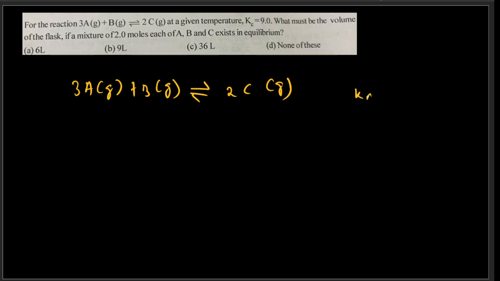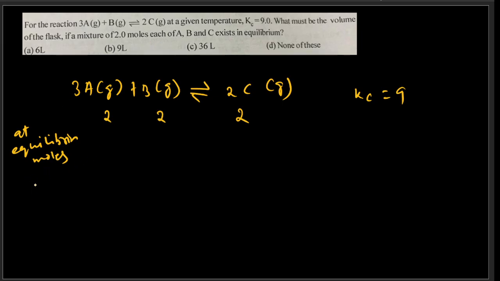Next, for this reaction, what is given? 3A gas plus B gas gives C gas, and Kc is given as 9. What must be the volume of the flask if a mixture of 2 moles each of A, B and C exists in equilibrium? So at equilibrium, each of A, B and C exists as 2 moles.